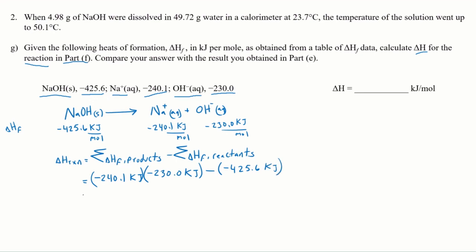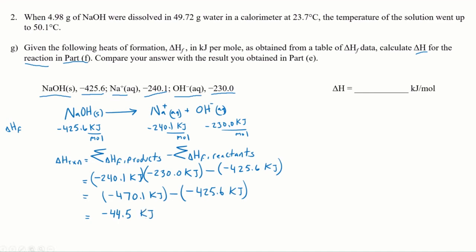Now I will calculate the products first because I have two products, and I get a value of negative 470.1 kilojoules. And now I subtract the reactants, which is negative 425.6 kilojoules. I do the final calculation and I find that the delta H of the reaction is negative 44.5 kilojoules.